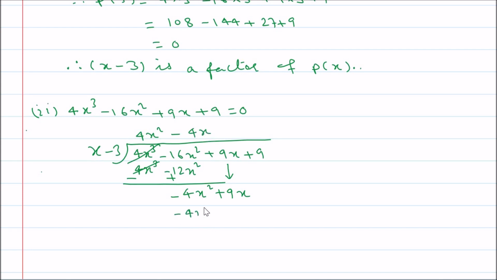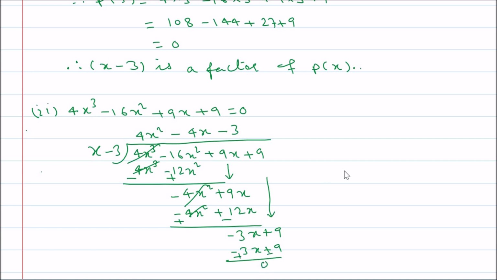Put minus 4x square and minus 12x, so plus 12x here, this cancelled out. 9 minus 12 is minus 3x, then bring down plus 9. So that comes here minus 3. Minus 3x plus 9. That gives the remainder 0.